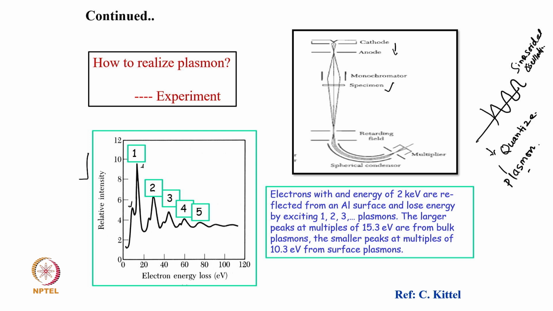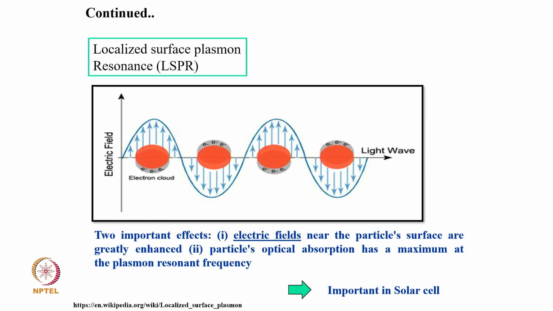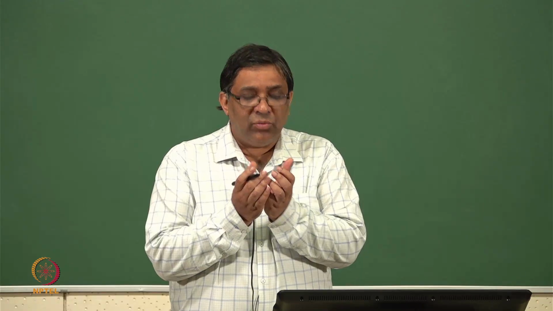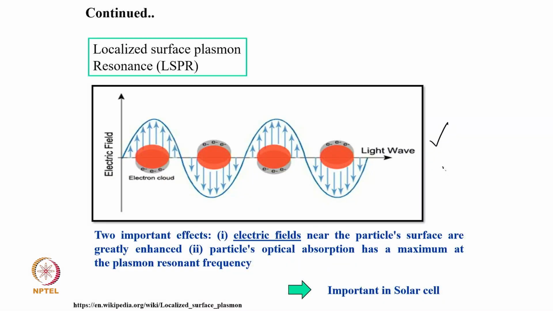This is the very basic thing you might have studied in solid state physics, a typical sinusoidal oscillation. Whenever you have a metallic nanoparticle, as I told you, it acts like a localized surface plasmon resonance.